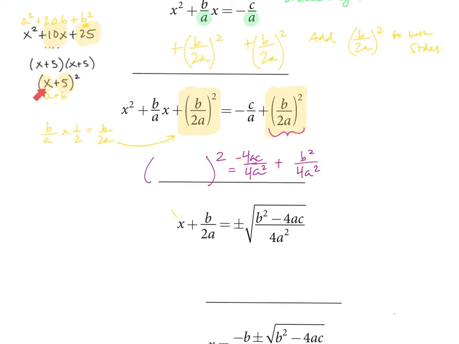Now going back to what we had before, let's see if we can find our pattern. We know our first term is going to just be x since we start with x squared, so let's fill that in here. And then we want to figure out what this end term is. We're going to be adding since everything is still positive here, so we can go ahead and put an addition sign.